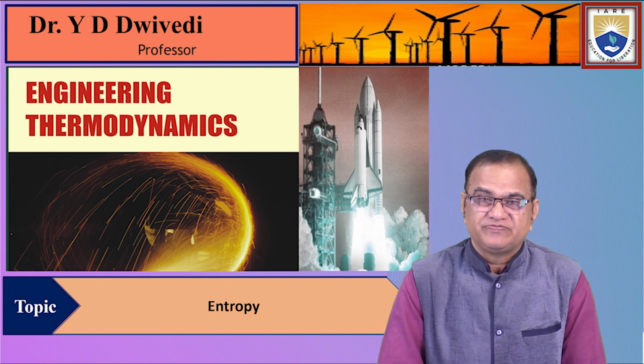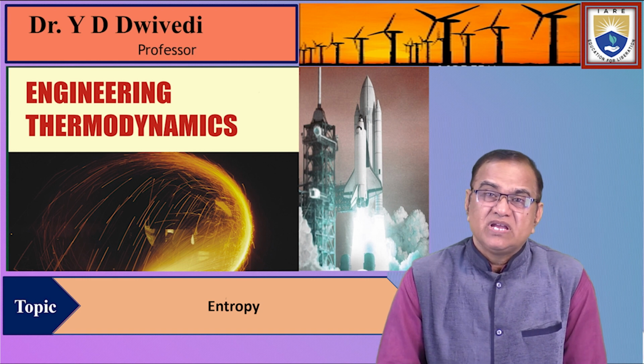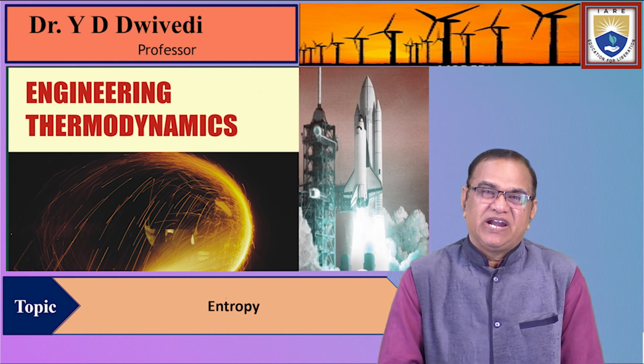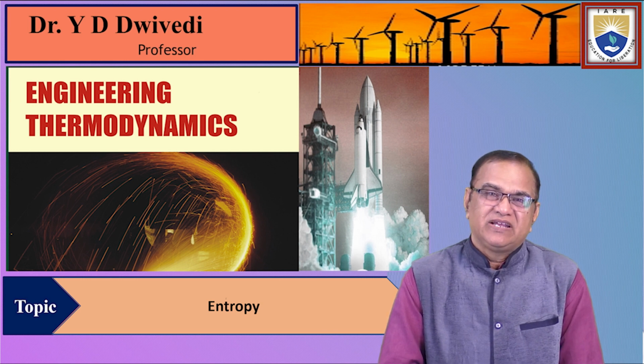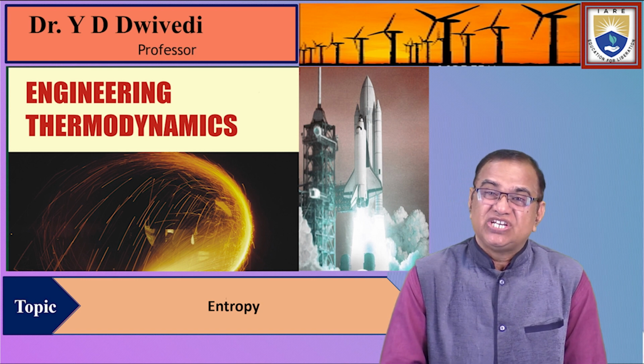Positive is not possible. We have also derived the entropy for the first time: integration of del Q by T is equal to dS, and this dS is the change of entropy.